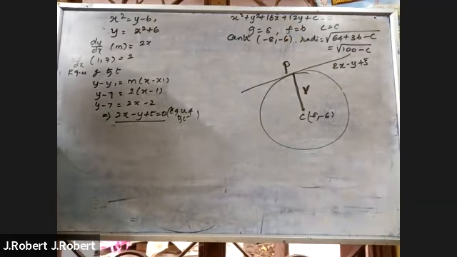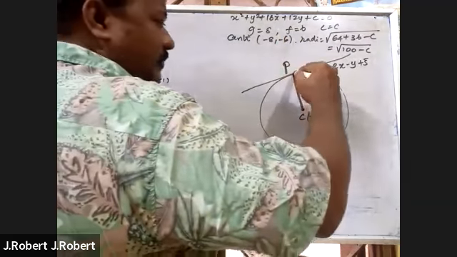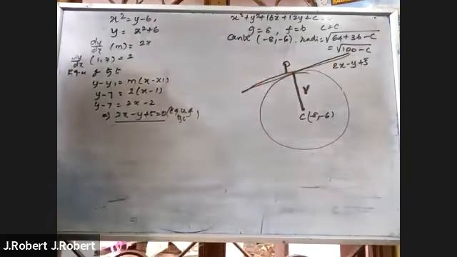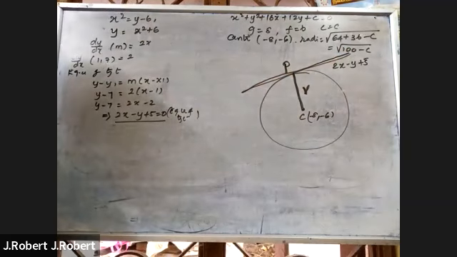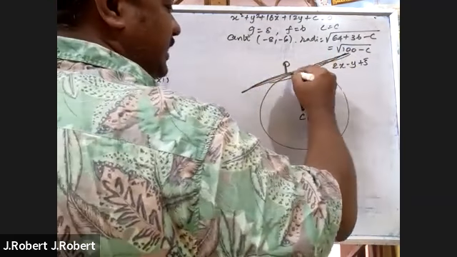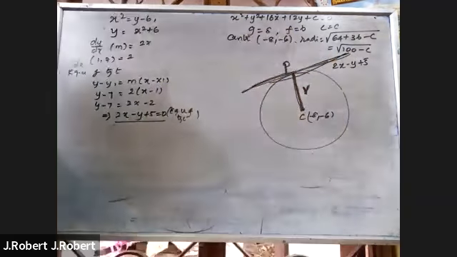Listen carefully. What I am going to find now is this: this radius is the perpendicular distance to this tangent. So this CP is nothing but the perpendicular distance.